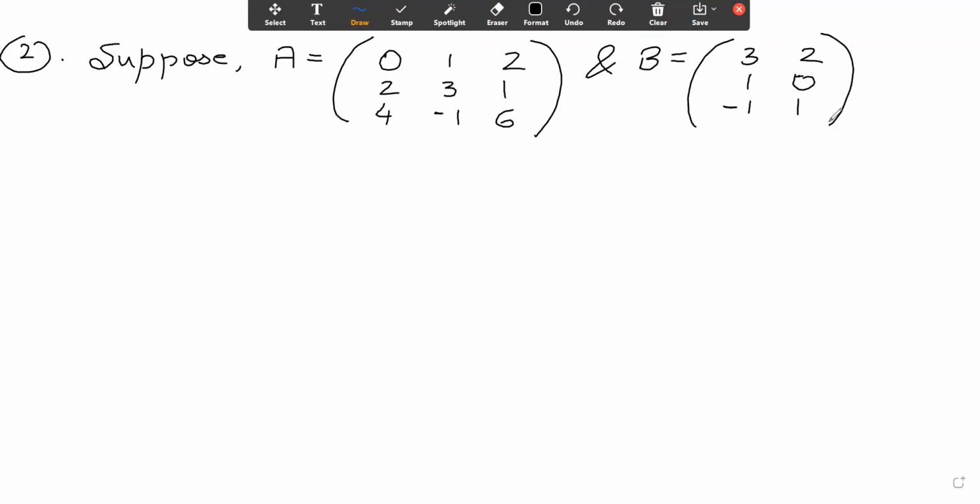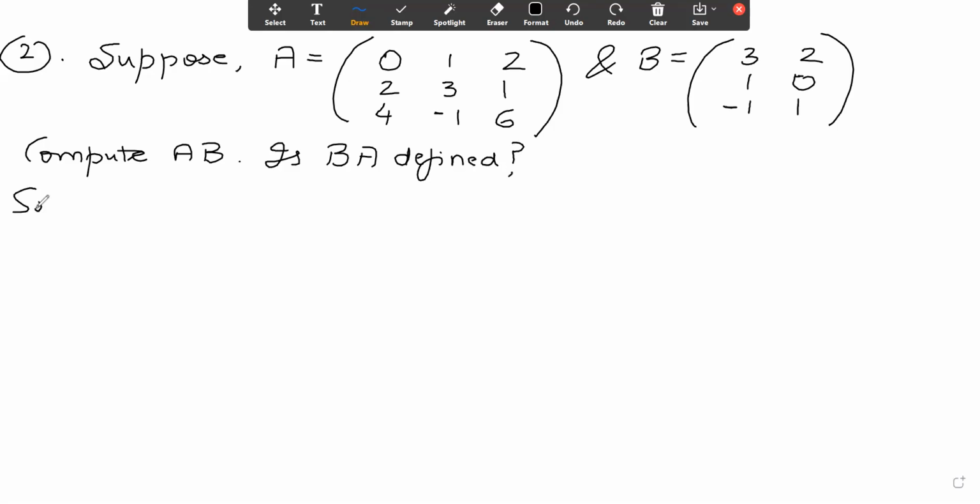The question now asks us, compute the product AB and is BA defined? So guys, if you look at matrix A, it's a 3 cross 3. If you look at matrix B, it is 3 cross 2.